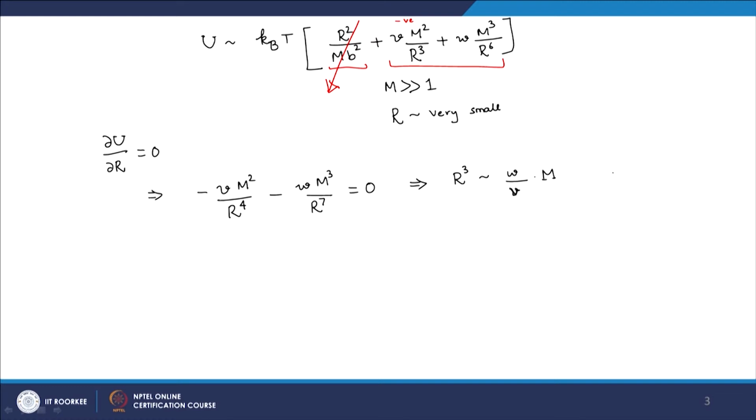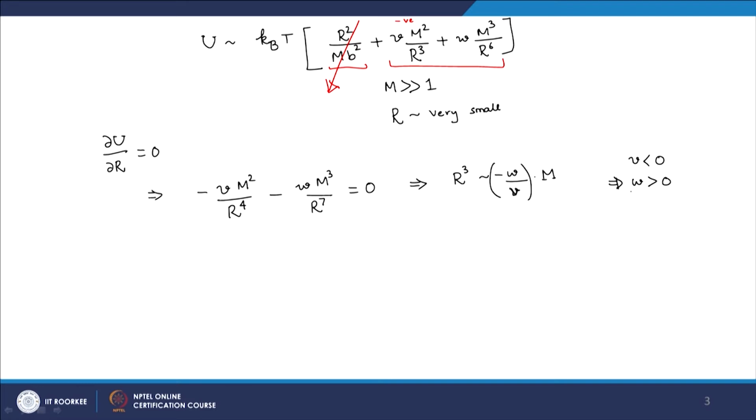Now, we have taken V to be less than 0, that means W also has to be, so in this case what we get is R cube is minus of this. So, if V is less than 0, then to make this R positive, W has to be higher than 0.